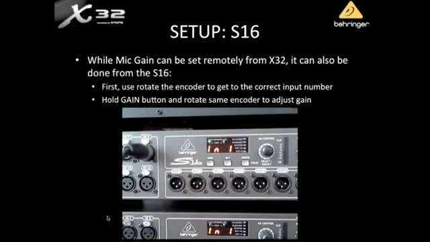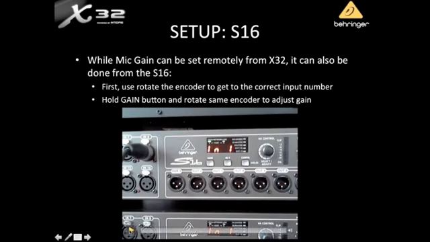Next video clip is going to show you how to set mic gain. If you had to do it from the Stagebox, you can select adjust. If you rotate that knob without having any of those 3 buttons pressed in, you're going to be cycling through the 16 inputs. So to change gain, you just select an input, and then you can press and hold the gain button and rotate that knob.